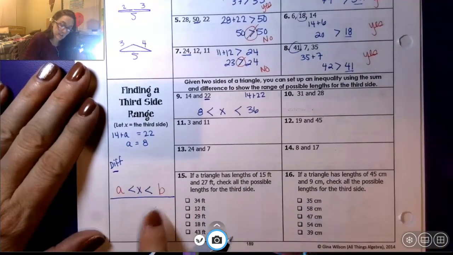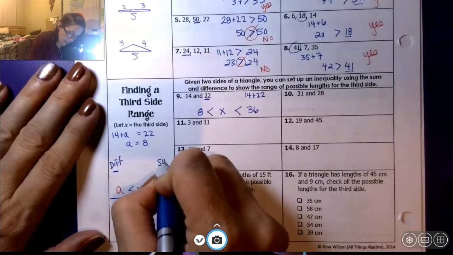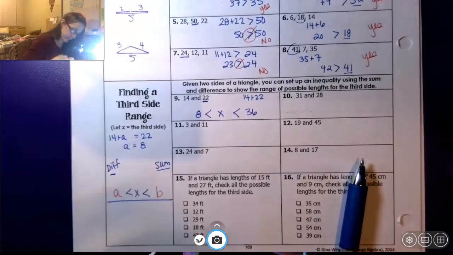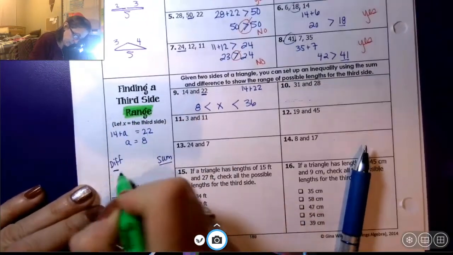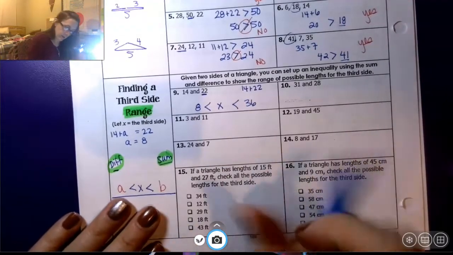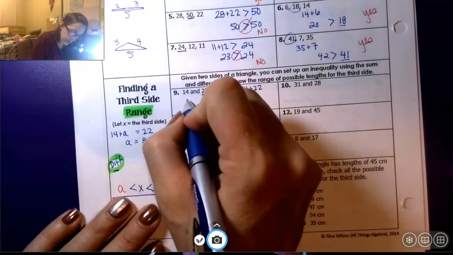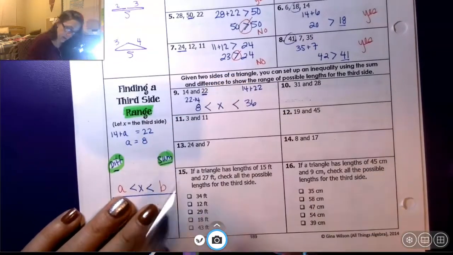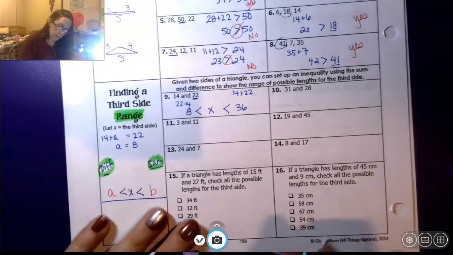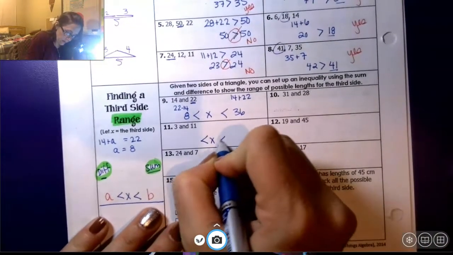And to find the maximum, we're going to do the sum of the two numbers. So we want the range. Again, over here, since it was 14 plus 22, over here it's 22 minus 14. So every time I do this, instead of doing different work, I'm going to set up a range with x in the middle.